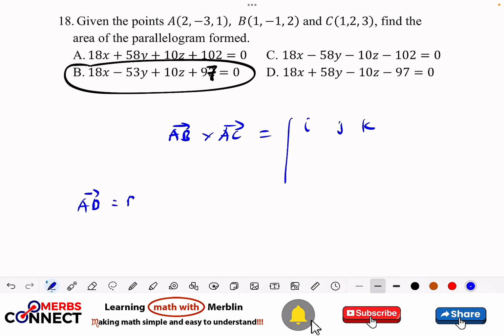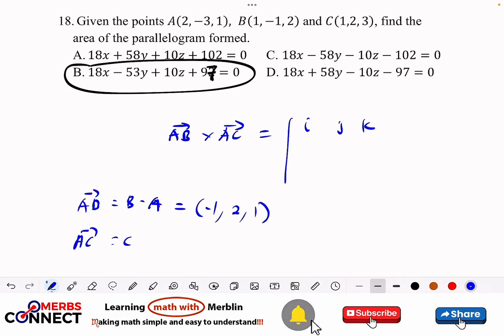AB will be equal to B minus A. So what are you going to get? B minus A. So 1 minus 2 is going to be minus 1. Minus 1 minus minus this is going to be 2. And then 2 minus this is going to be 1.